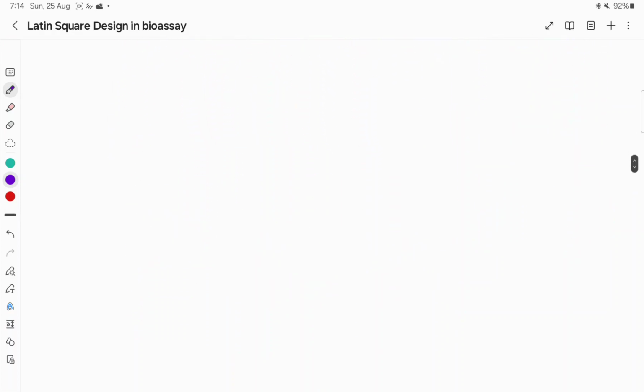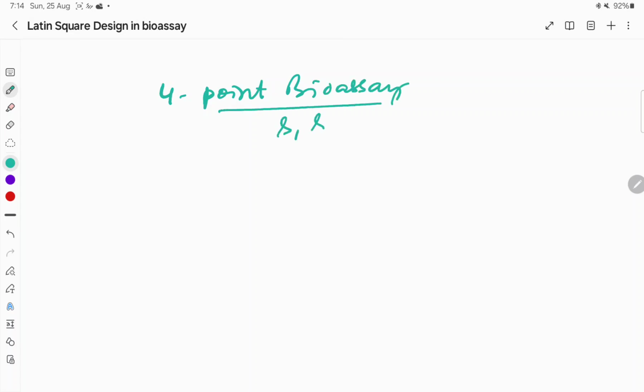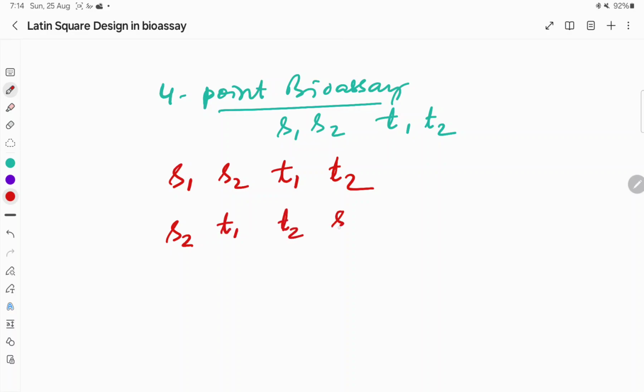Suppose it is a 4-point bioassay. Then we are using 2 standards, S1, S2, and 2 tests, T1, T2. How will we design this one? S1, S2, T1, T2. That means first these 4 treatments were given. Then we will start with S2: S2, T1, T2, S1.